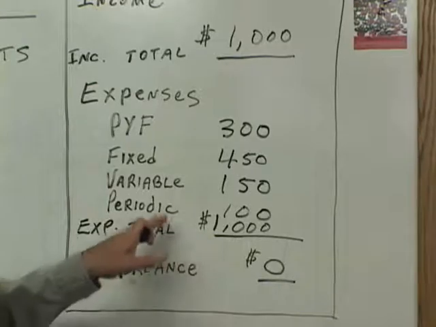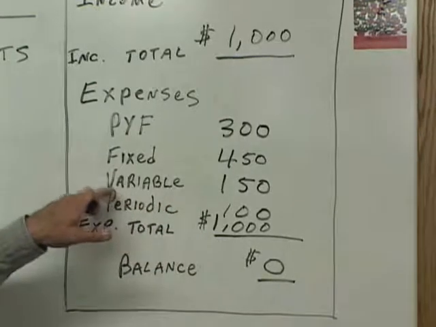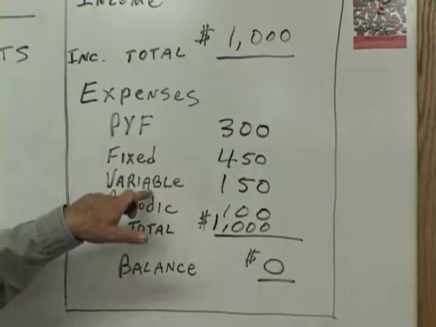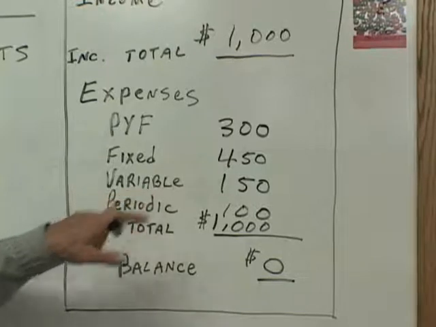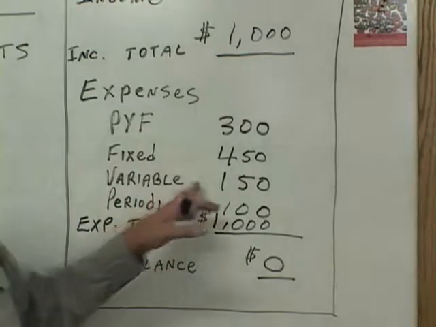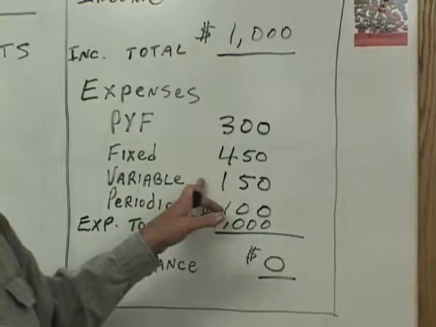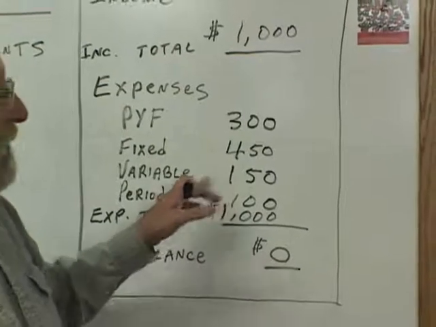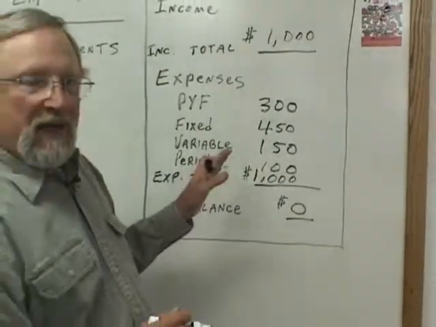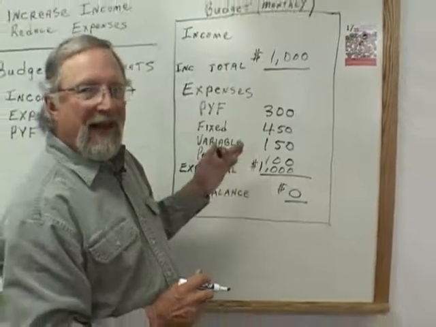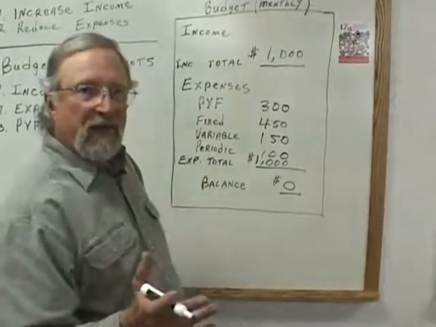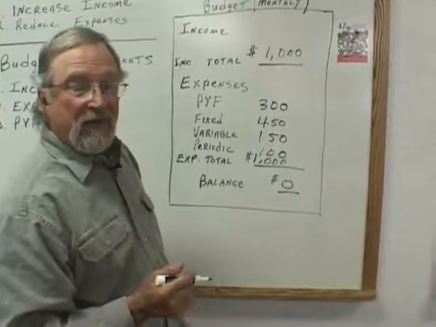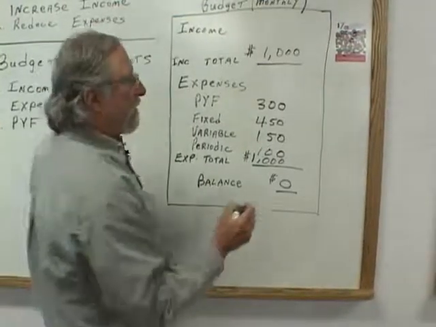Now, one thing I would like to point out here is that many times, as we mentioned earlier, your expenses are variable, such as utilities, gas, and electricity, for example. So you can express your variable expenses as a range. Gas, for example, may be $35 a month in the summer, but it may be $150 a month in the winter.